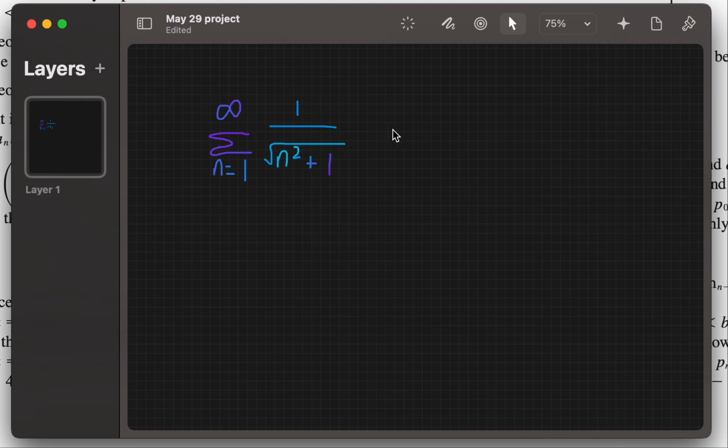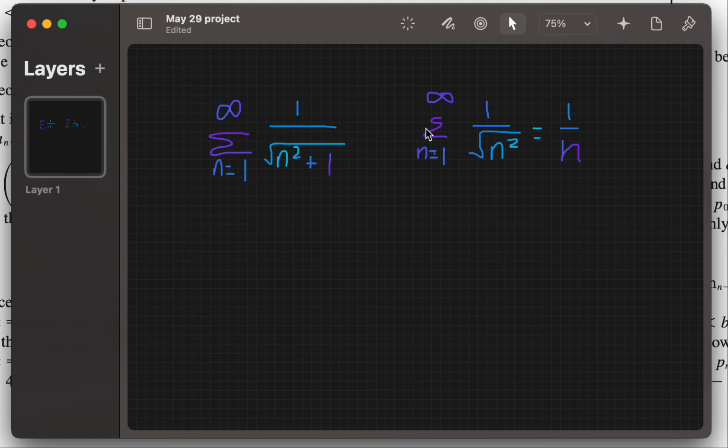A good series to compare this to would be the series of 1 over radical n squared, which is just equal to 1 over n.